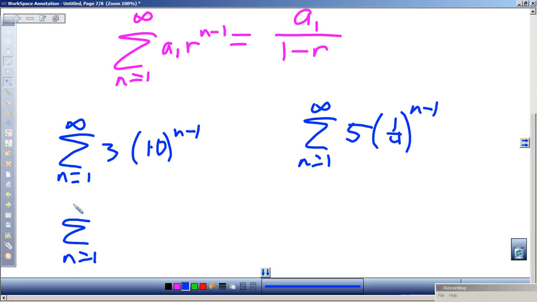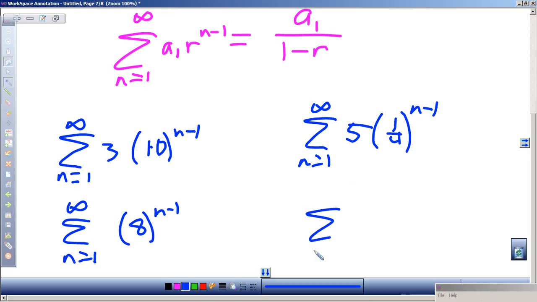The sum from n equals 1 to infinity of, let's just do 8 to the n minus 1. People who aren't doing one already can do this one. And start choosing people now. Sienna, Lily and Kenny.